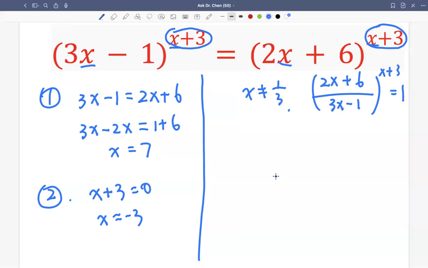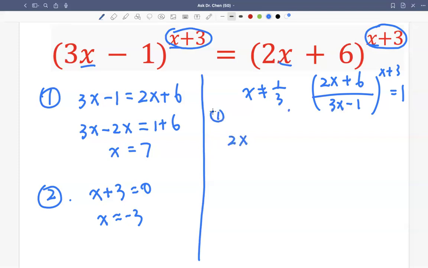Right? We can go from here. Then we consider, if the exponent is 0, surely anything raised to 0 will be 1. Or if the inside is 1 or -1, let's see.